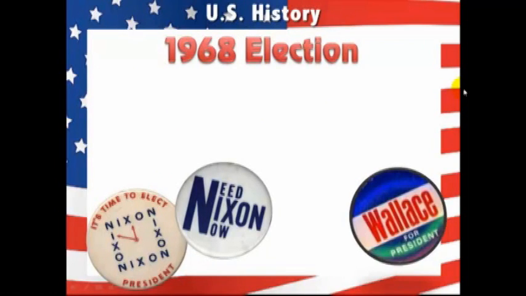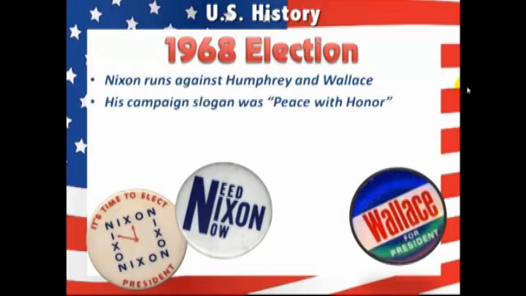Continue our look at the 1968 election. Nixon runs against Humphrey and George Wallace. His campaign slogan was "Peace with Honor." And also at this point in time, 18-year-olds could fight. In other words, you could be drafted at 18, but you couldn't vote.